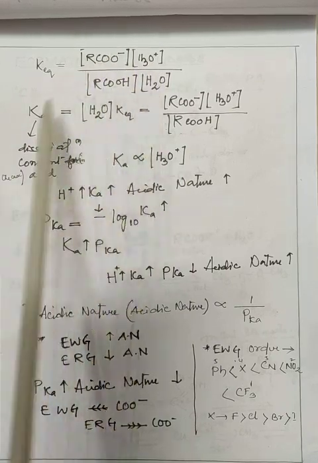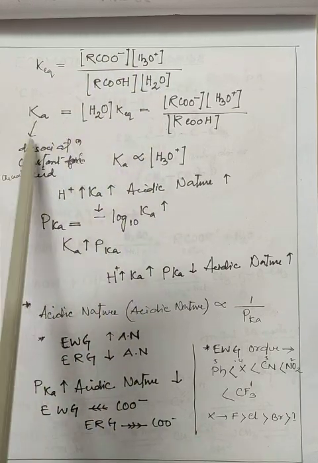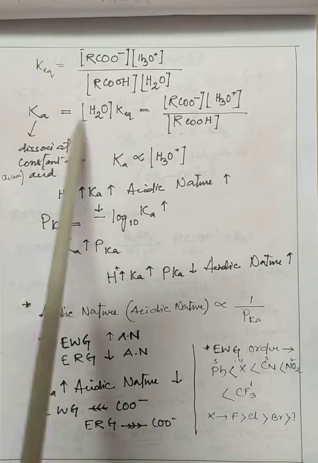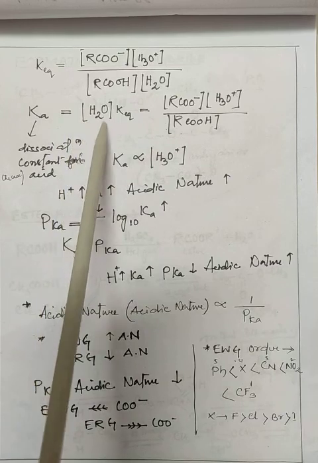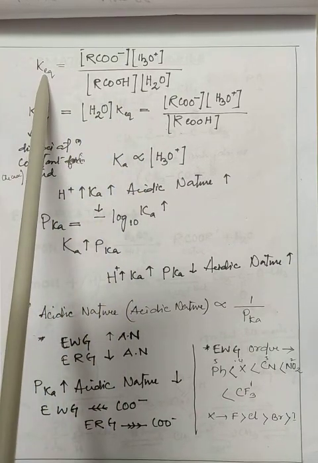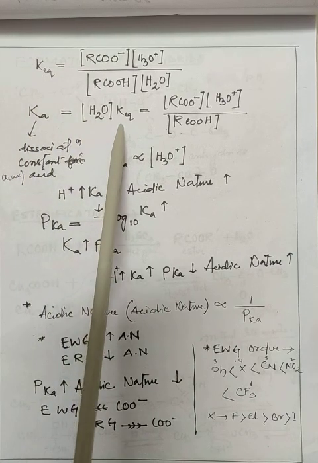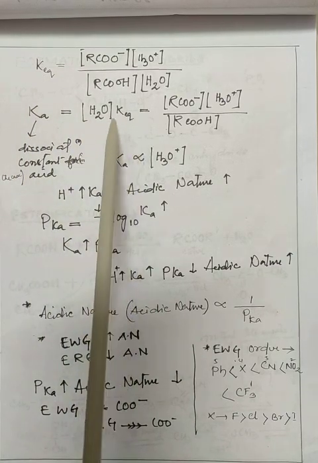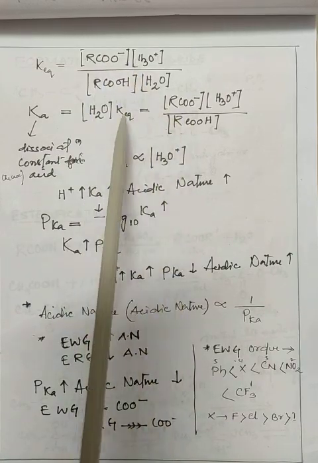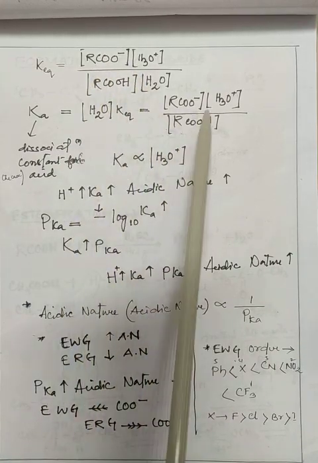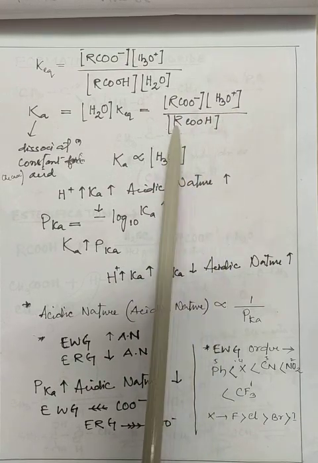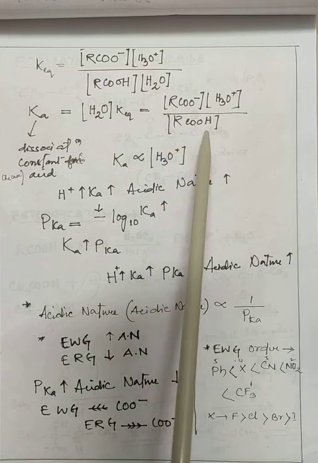And this is the dissociation constant for acid. Now here, water is the solvent, so the equilibrium expression we write is equivalent to this: the concentration of carboxylate and the concentration of hydronium ion divided by carboxylic acid.